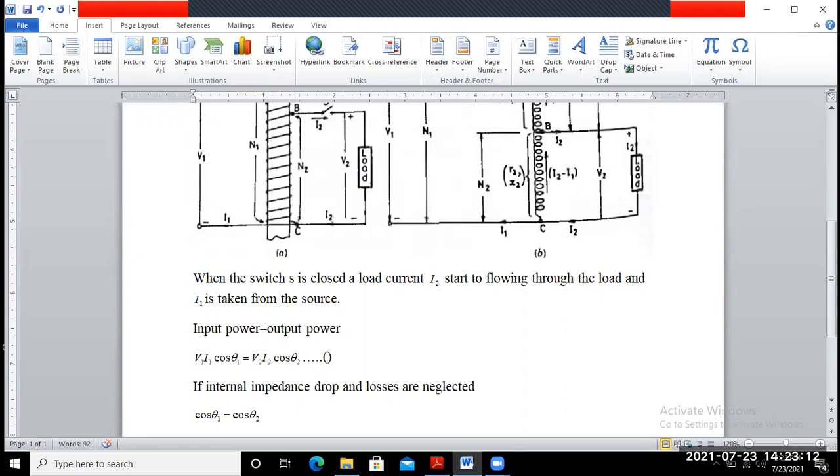And suppose you mark this other one as equation number 2.